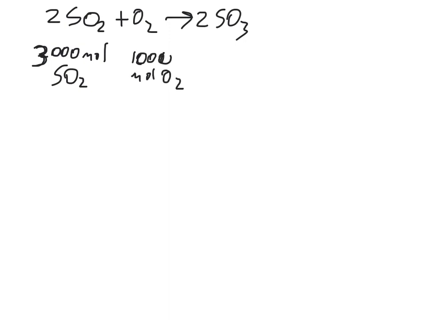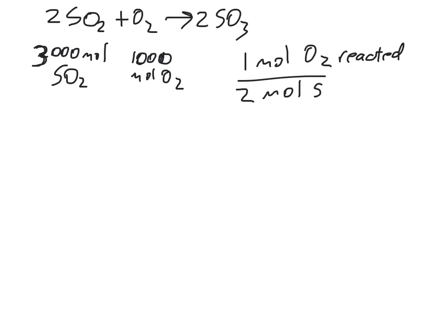And we want to again use our mathematics to determine what is the limiting and excess reactant. Well, we know the stoichiometric ratio is 1 mole of O2 reacted, 2 moles SO2 reacted. So for every 1 mole O2 that we react, we have to have 2 moles of SO2.